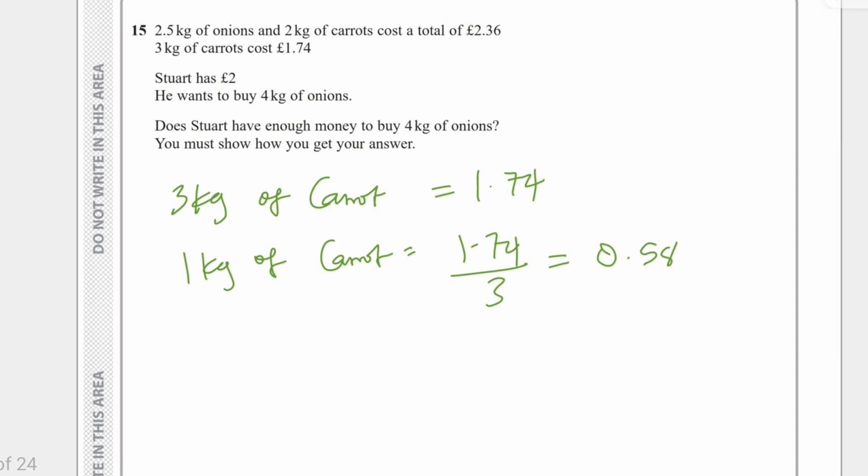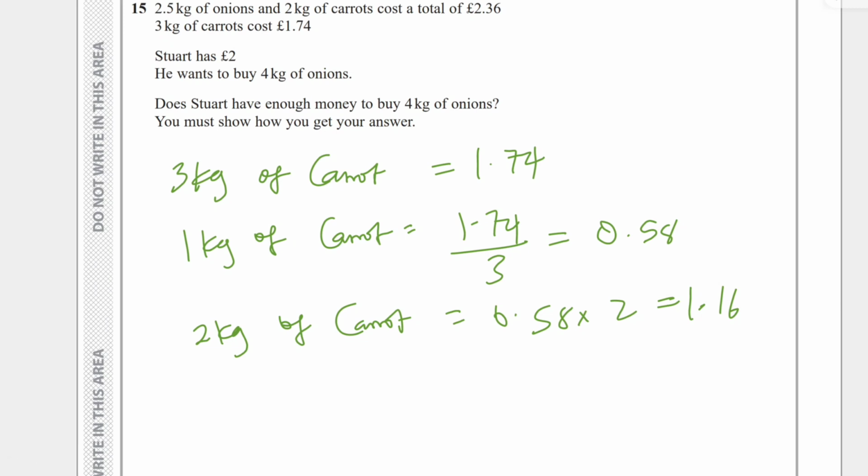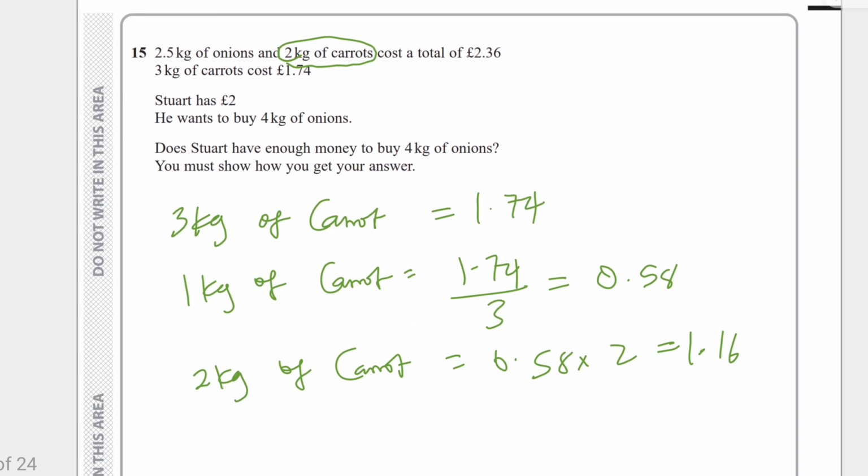So 2 kilograms of carrot is going to be 0.58 times 2, and that gives us 1.16 pounds.